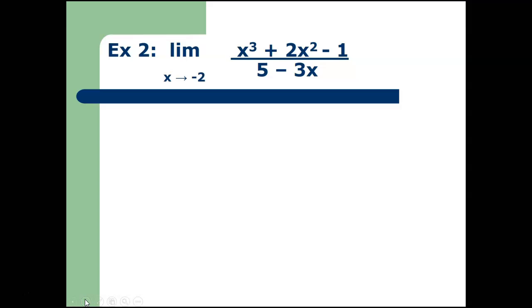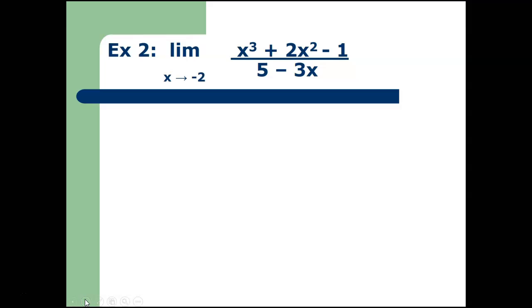Okay, the limit as x approaches -2. Sometimes our gut sees this and says, I should try to factor and simplify, but there is nothing in this problem to really allow you to factor and simplify. There's no factors of -1 that sum to 2, and the denominator can't be simplified.